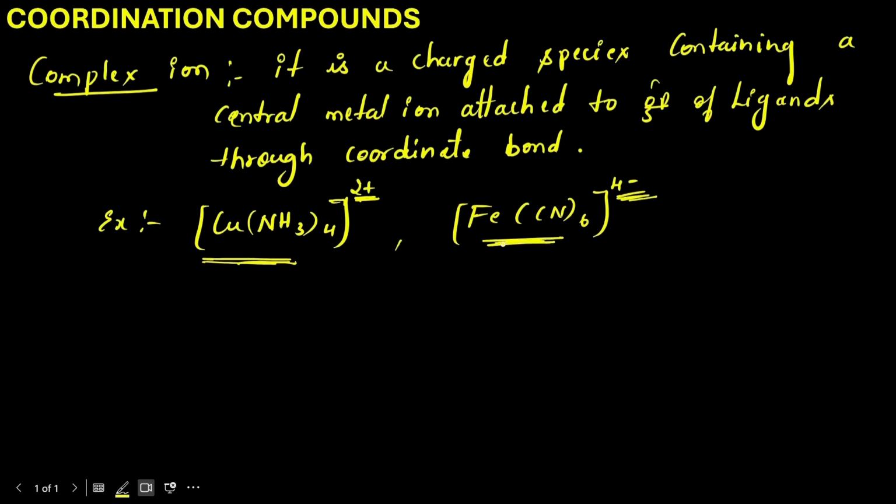The complex ions are the charged species which contain the central metal atom attached to a group of ligands through coordinate bonds.